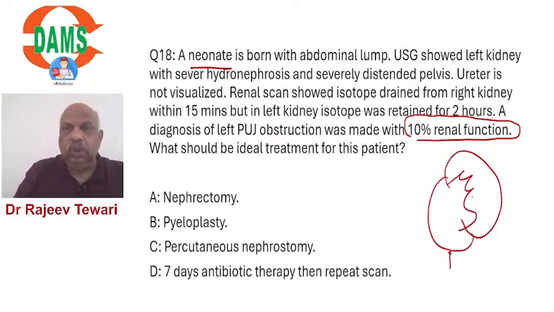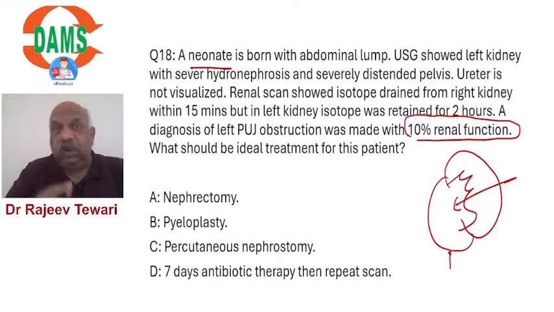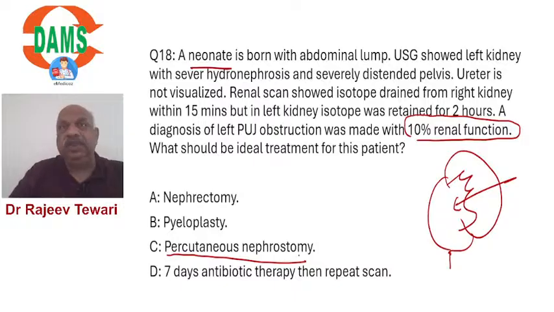What we do is put a tube here and leave it, percutaneous nephrostomy. Bypass the urine and relieve the obstruction. When we do percutaneous nephrostomy, the back pressure is gone, the kidney gets rest, and now you wait for 4 weeks and get a repeat scan done. If the function improves, go for pyeloplasty. If the function is still very poor, like 5%, 6%, you can do nephrectomy.